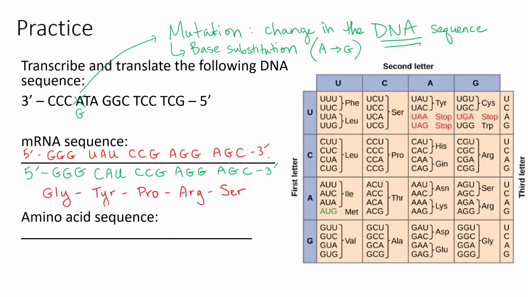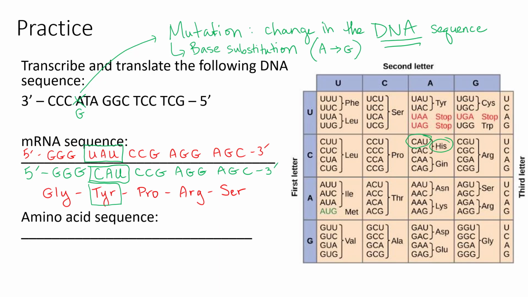So in this example, we ended up with this codon changing. The original codon was UAU, and now it's CAU. So it originally coded for tyrosine as the amino acid, but now it's CAU. So what's CAU? Well, let's take a look.